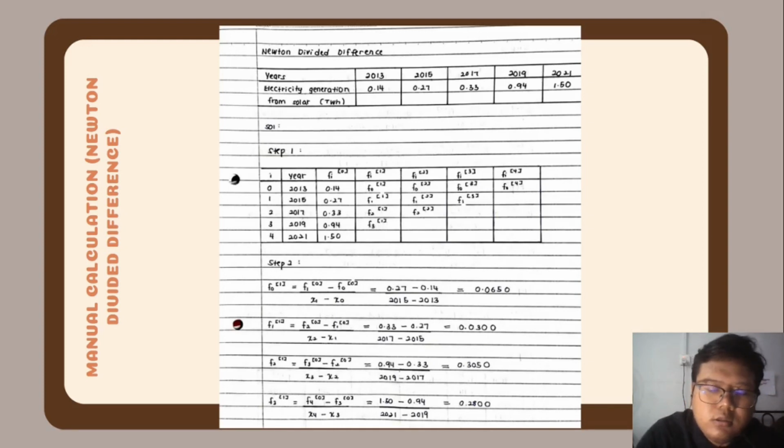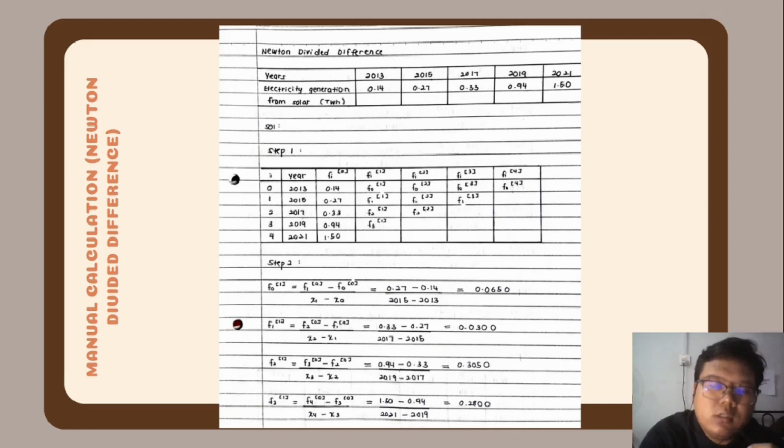Let us take the first example, f01, for the first Newton divided difference. The formula is f01 equals f10 minus f00 divided by x1 minus x0.